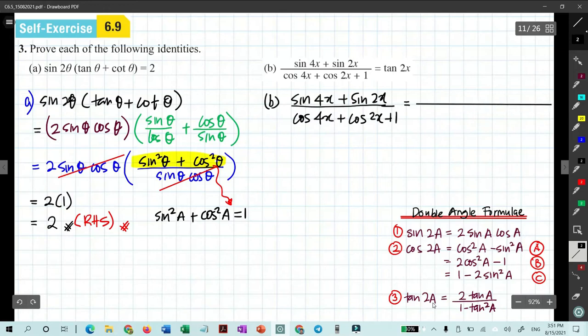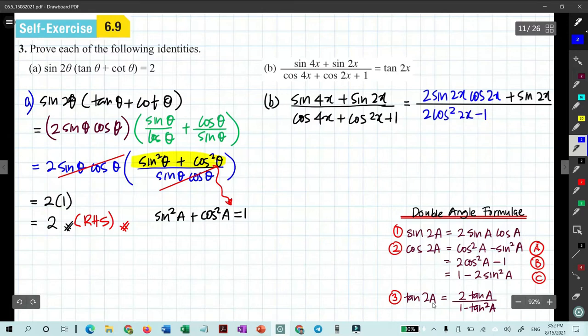Sine 4x can be written as 2 sine 2x cos 2x plus sine 2x, and cos 4x can be written as 2 cos square 2x minus 1.